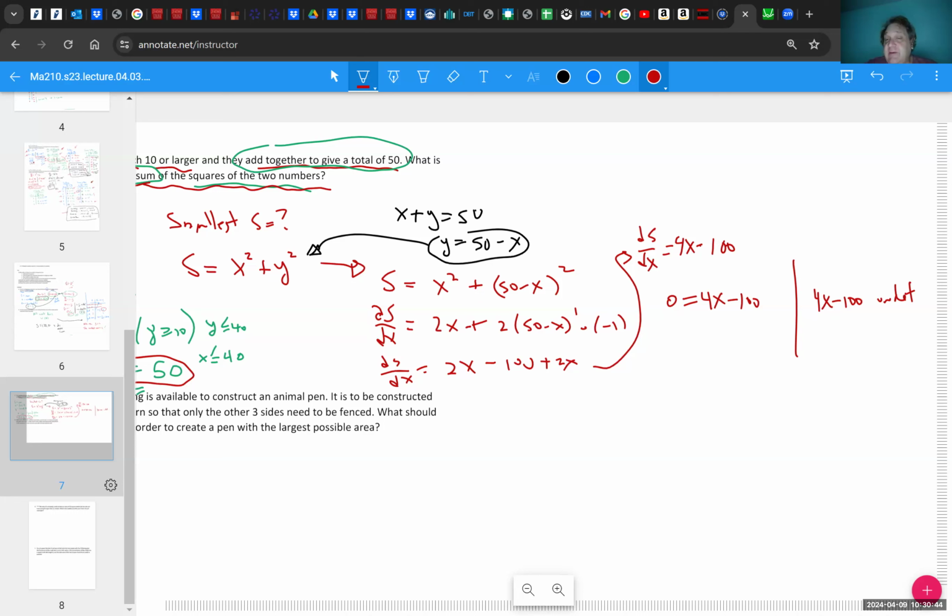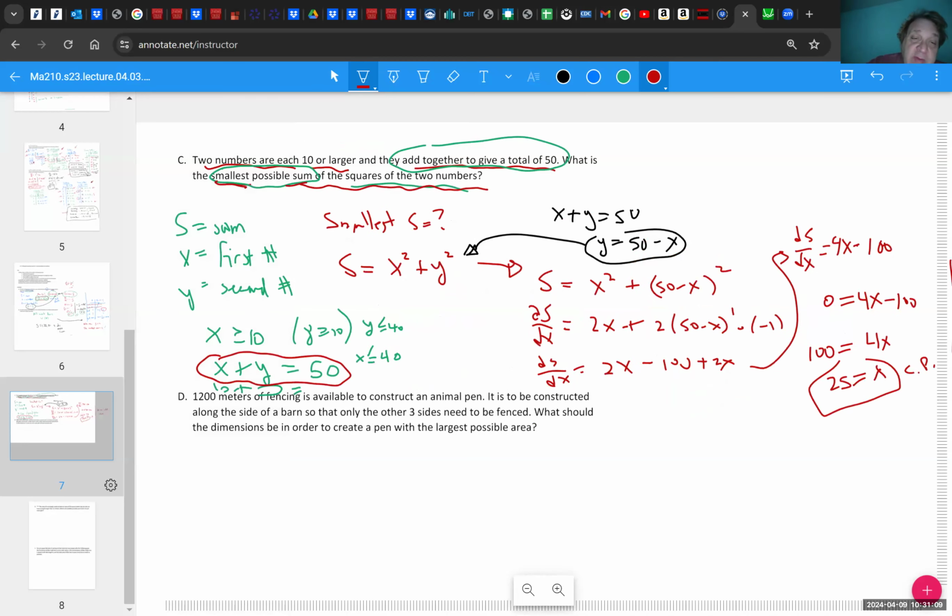Lines are never undefined, so we're good with that. And then this is a simple linear equation to solve. So I get 25 as a critical point. No critical points from when the derivative is undefined, but we do get a critical point when the derivative is equal to 0. So I have my critical point, 25.